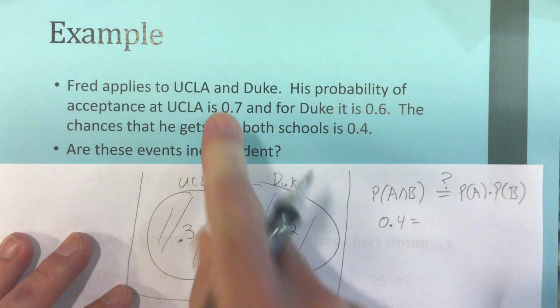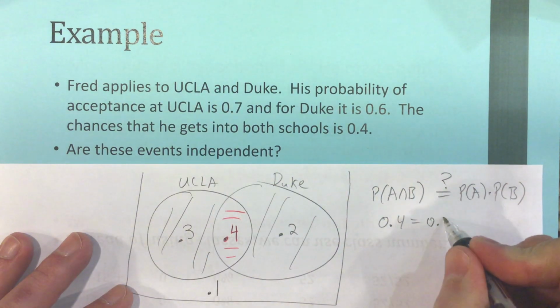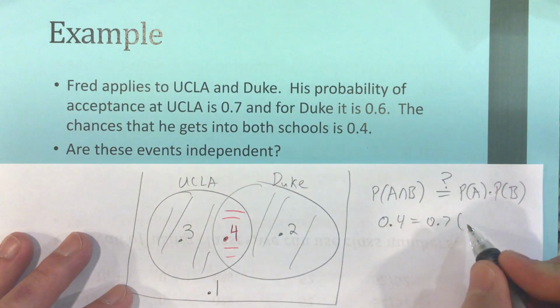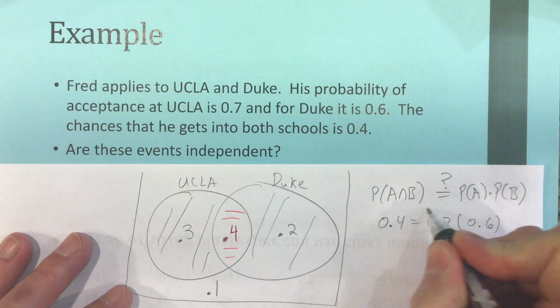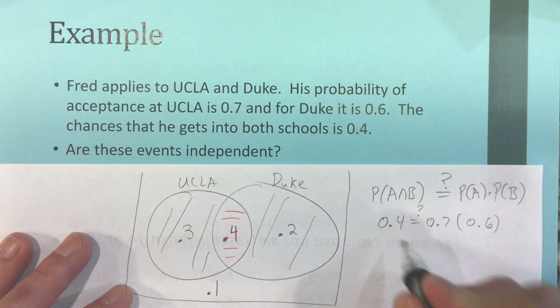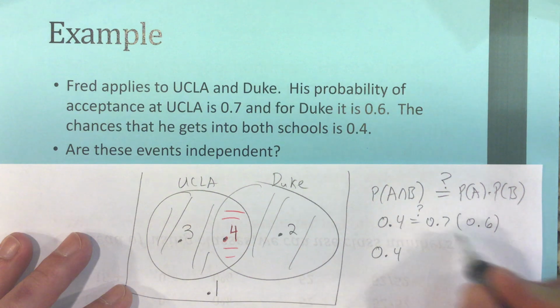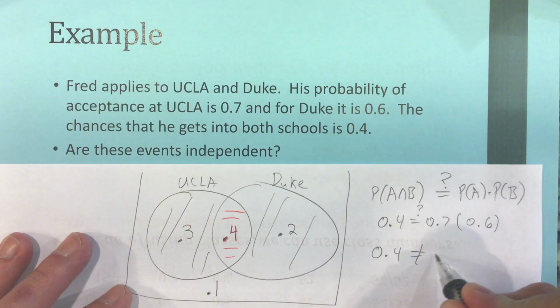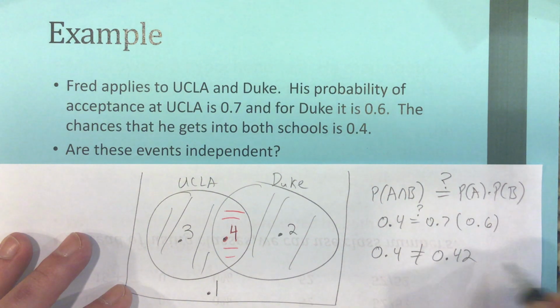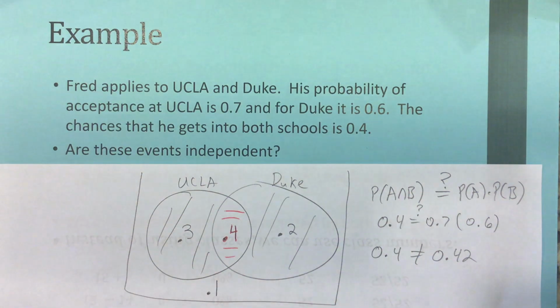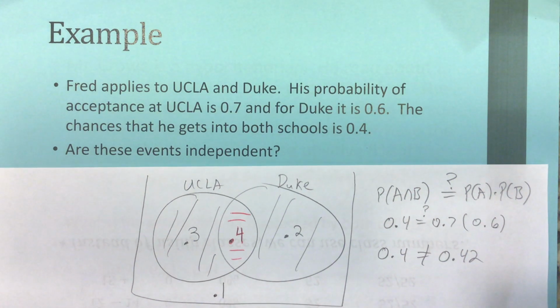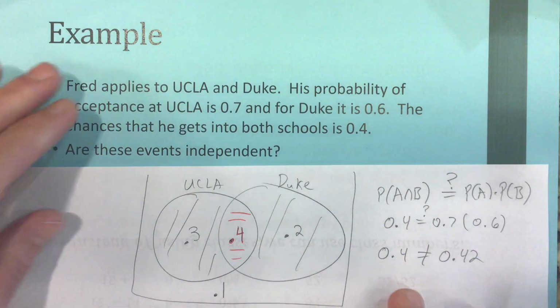They gave me the probability of A. They gave me the probability of B. Question is, are those equal? They are not equal. Are they close? Sure, but that doesn't matter. They have to be exactly equal to have independence. So I conclude they are dependent events. Okay, so that's one way to do it.